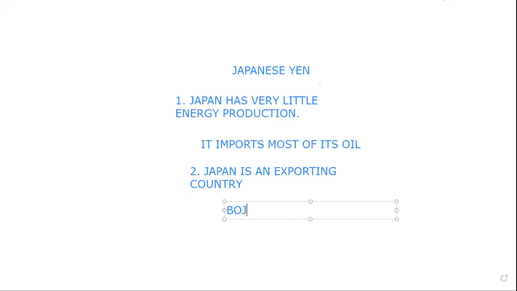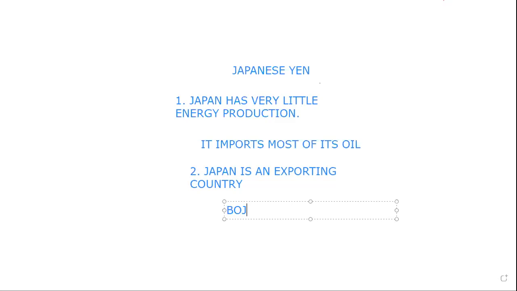Like we look at Canada, Canada is an exporting country, their currency is very strong. Japan is also an exporting country, their currency is also very strong. So what the Bank of Japan does is their major aim is to ensure that their currency does not become too strong.